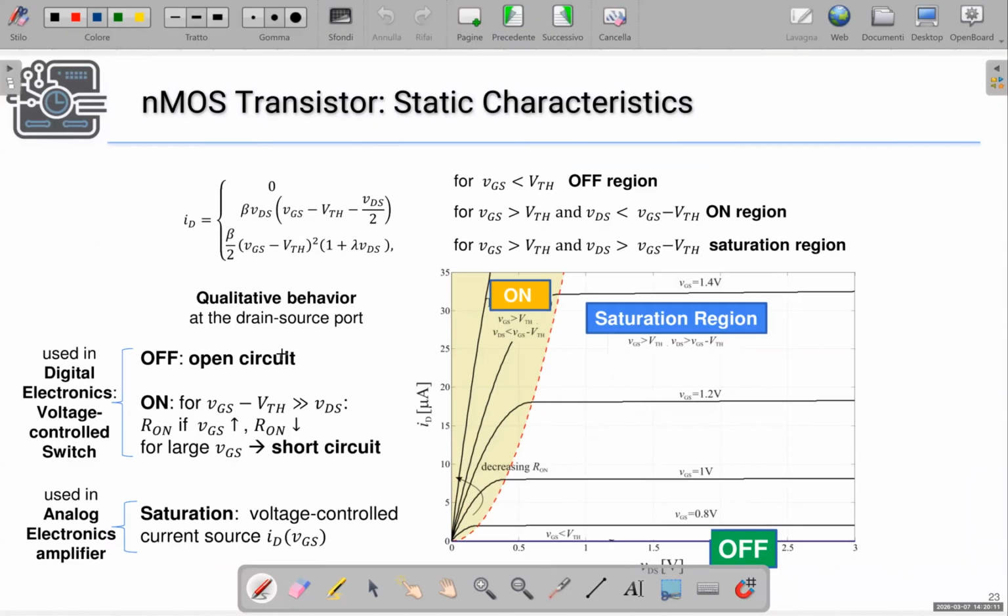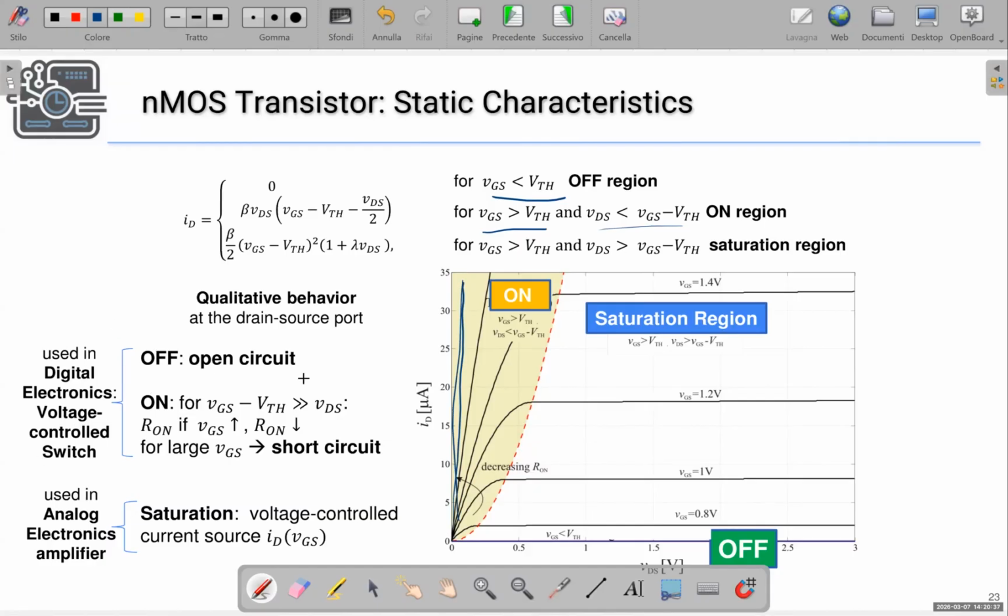More precisely, a switch that is off when the gate source voltage is below the threshold voltage and is on when the gate source voltage is sufficiently high and the drain source voltage is relatively small. So we have this behavior that we have described.